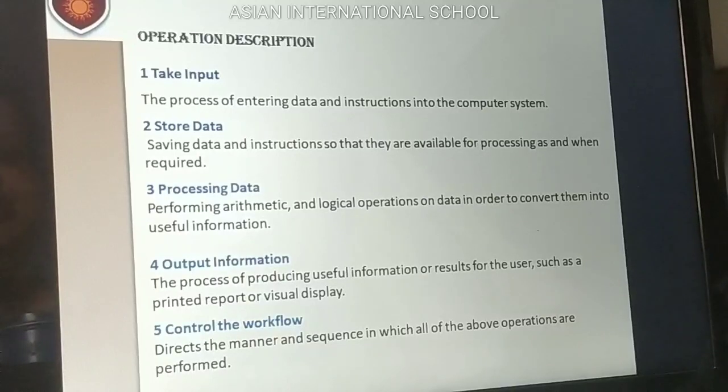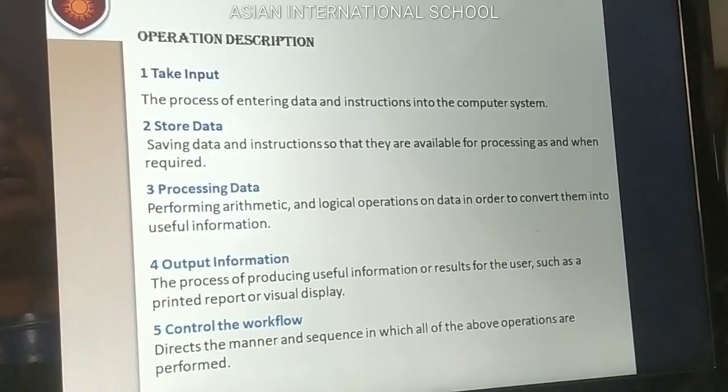After converting it into useful information, the output process starts. The output is the process of producing useful information or results for the user, such as a printed report or visual display. Now, control and workflow direct the manner and sequence in which all the above operations are performed.